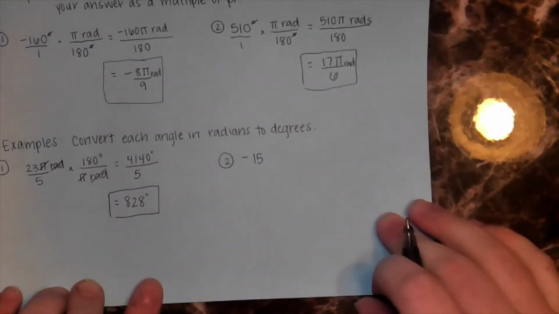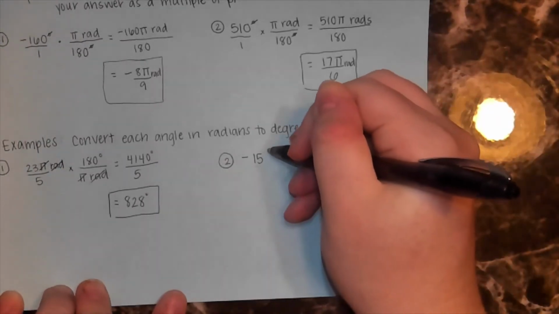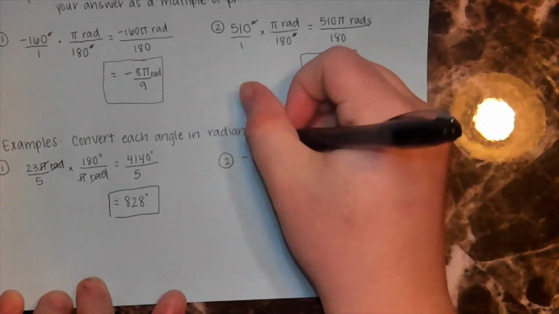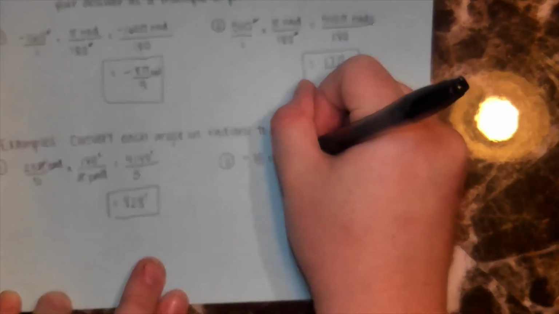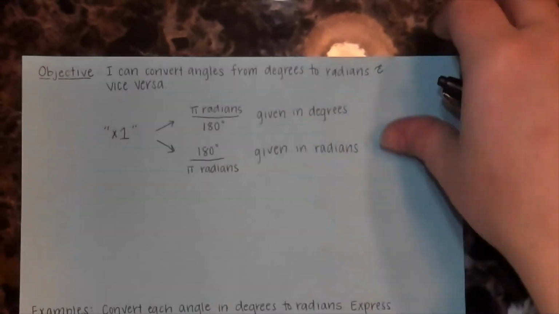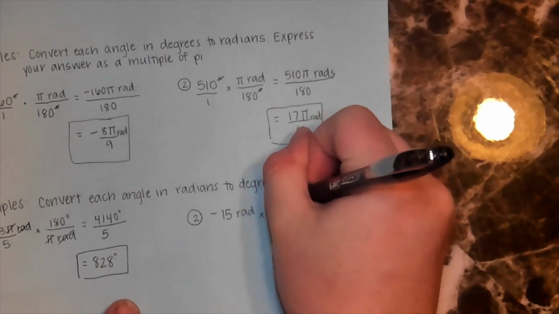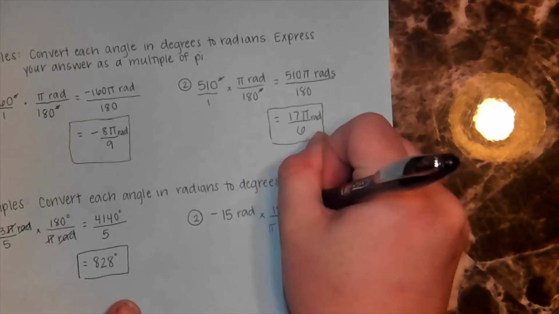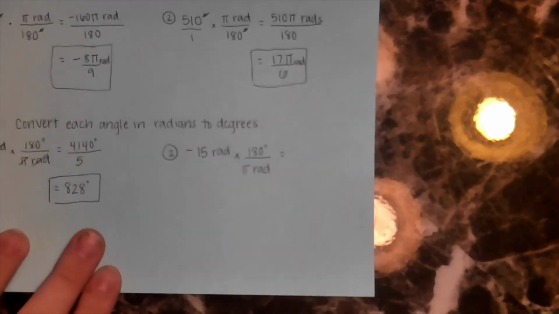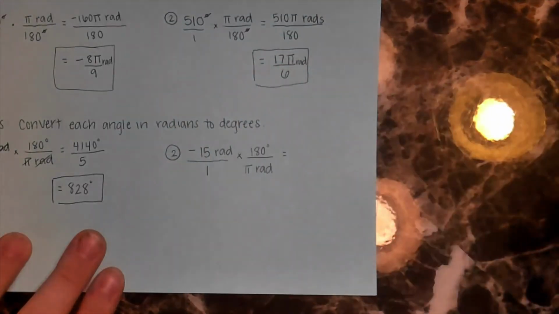The last example today, we have negative 15. Again, we do not see a degree symbol, so it is in radians. And because it's given in radians, we're going to multiply by 180 over pi. And we'll multiply straight across. So this negative 15 radians is really over 1.